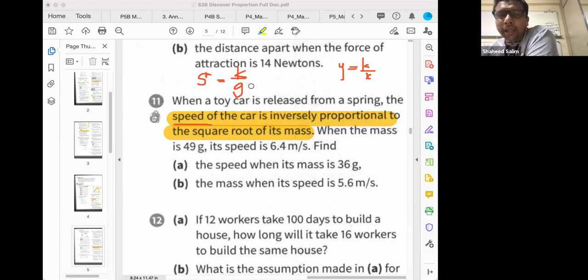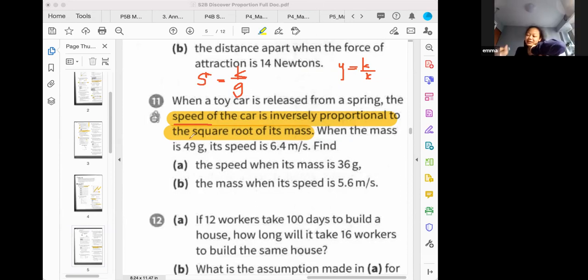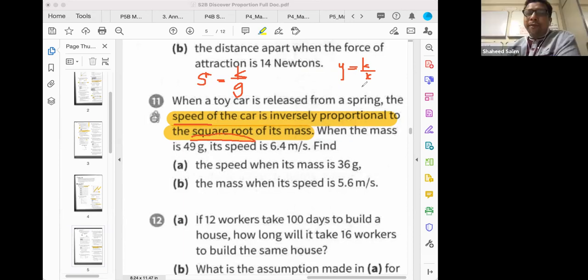We forgot. Sorry, miss. I did not read this one carefully, you know. So we have to put like that. We must put exactly like this. Can you see?